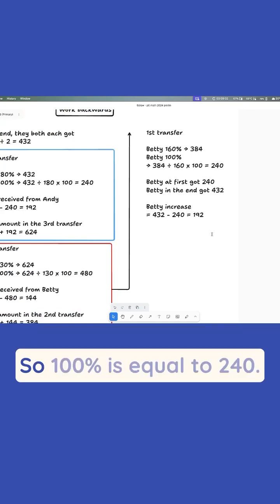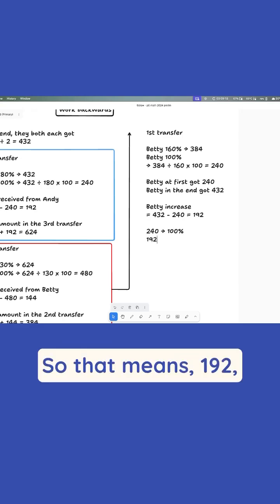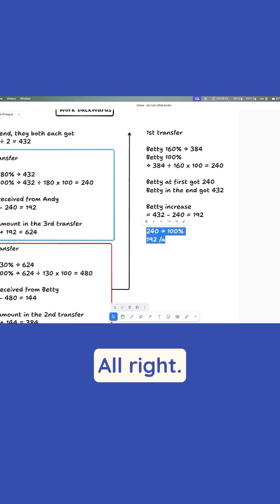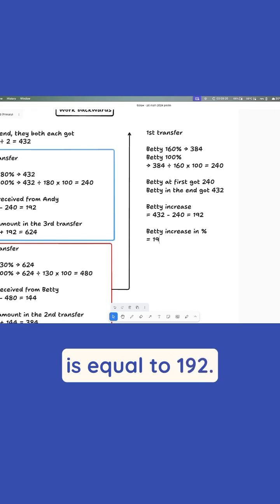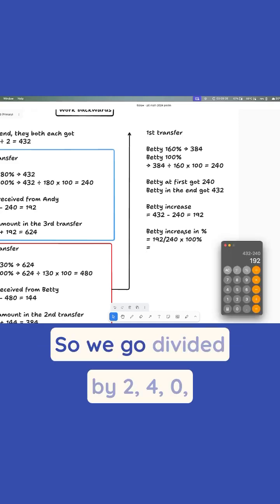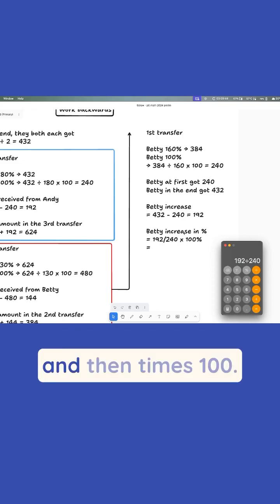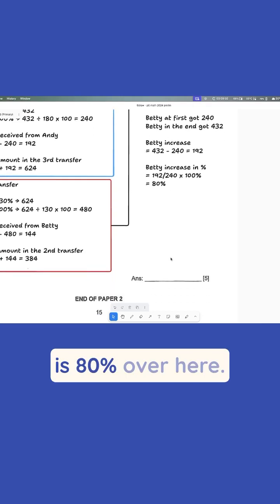Betty at first, 100%, is equal to 240. So Betty's increase in percentage is 192 divided by 240 times 100%. This will give us 80%. So the answer to this is 80%.